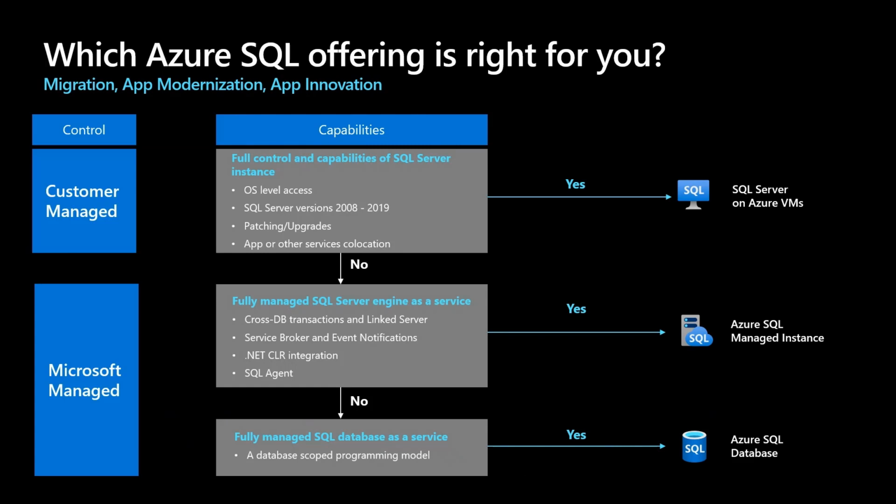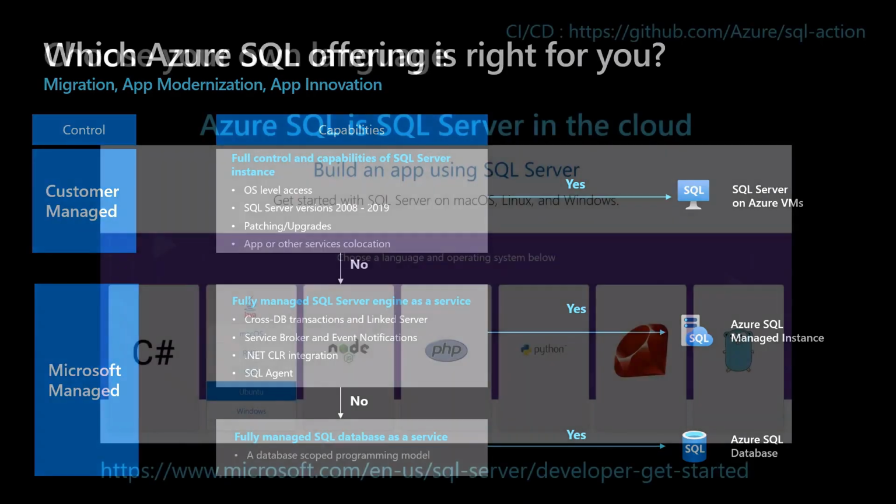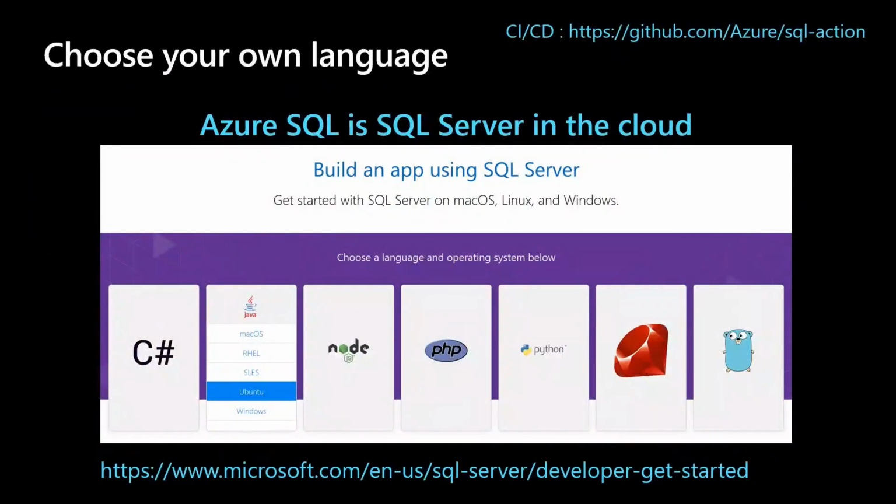Now that you know all the different options, how do you get started? So whether you are building applications on edge, on the cloud, or on premises, as I mentioned, the tool set and the programming surface area gives you the same set of options. You can pick your favorite development language of choice, such as C# or Java or any of the new tools like Python, Node, etc. And you can pick your favorite development platform, whether it's Mac, Linux, or Windows.